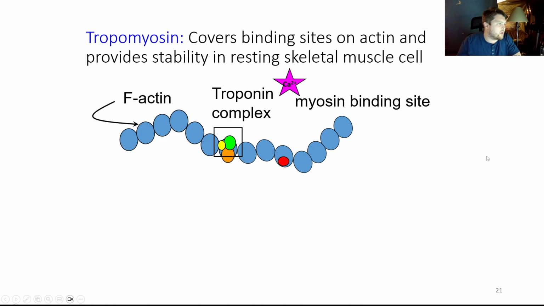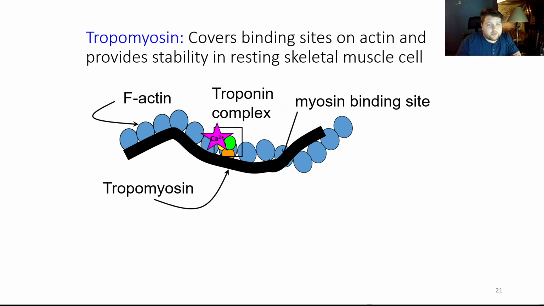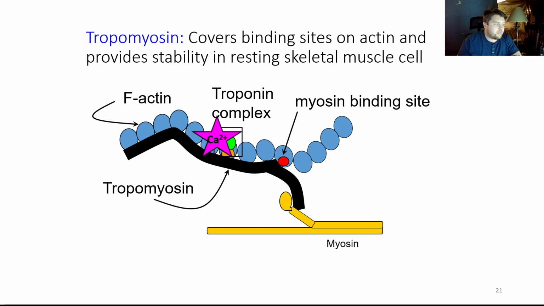Okay, F-actin, troponin, the myosin binding site, and this guy right here is the tropomyosin covering up the myosin binding sites. The calcium comes in, it was released from those ryanodine and DHP receptors. Calcium combines to troponin C within the troponin complex, and that is going to pull and move the tropomyosin off of the myosin binding sites.